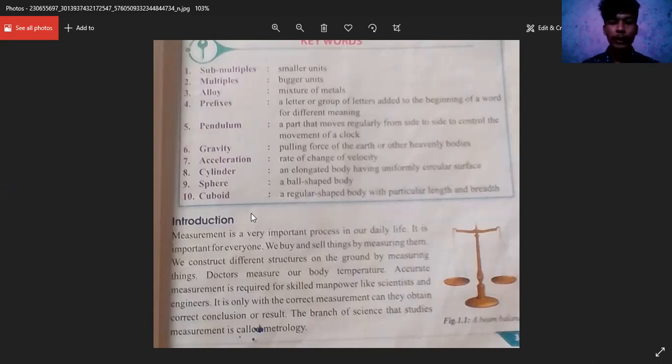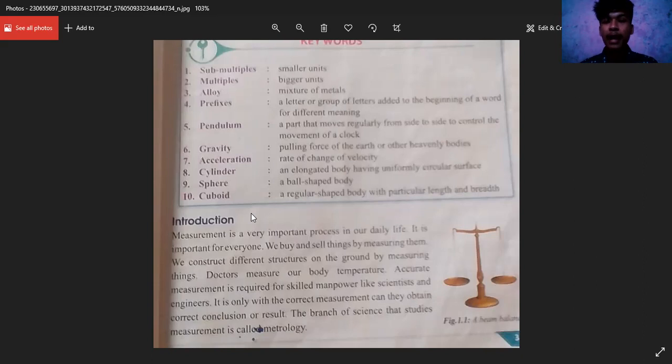So if you want to buy something and sell something, at that time also, you need measurement. And similarly, we construct different structures on the ground by measuring things. We construct different types of things, like houses, buildings, bridges, canals. For that activity, we need measurement. You may have seen the person who is making buildings; they measure the area at first, right?